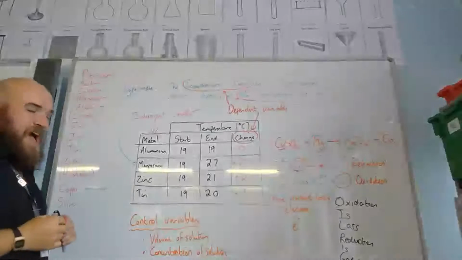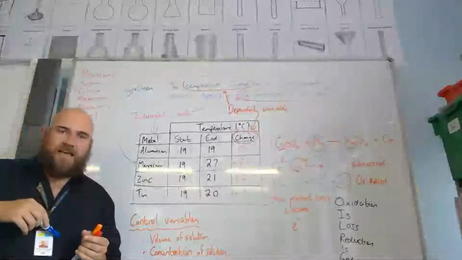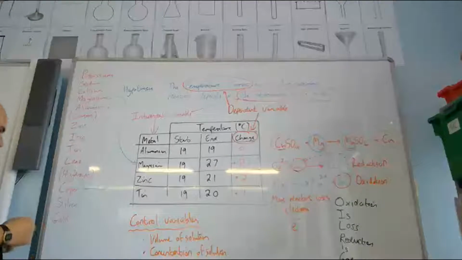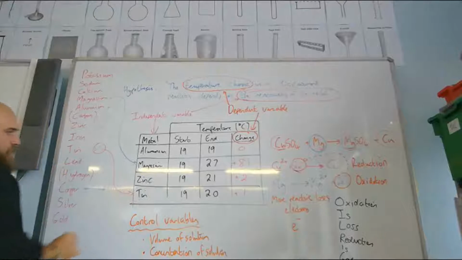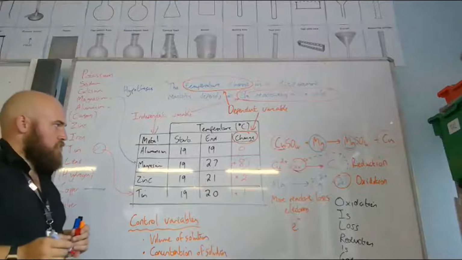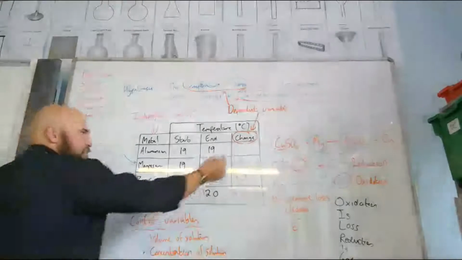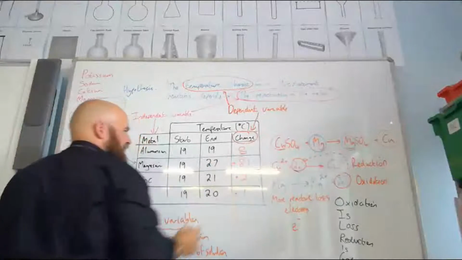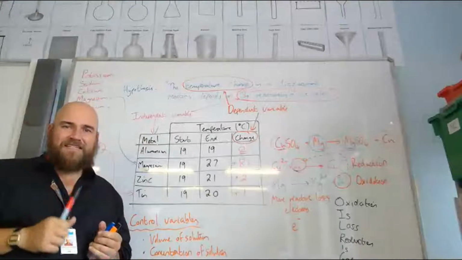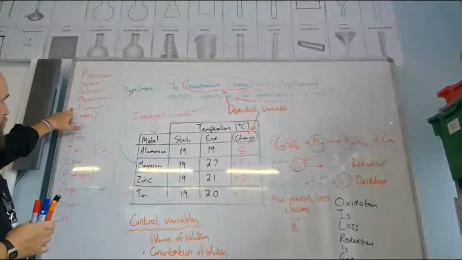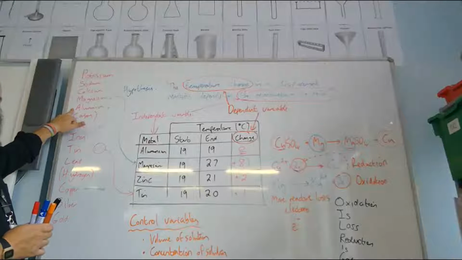However, at the opposite end of the scale, did the least reactive give us the lowest temperature change? Well, no. Actually, aluminium gave us the lowest temperature change when in reality, it should have given us the second biggest.